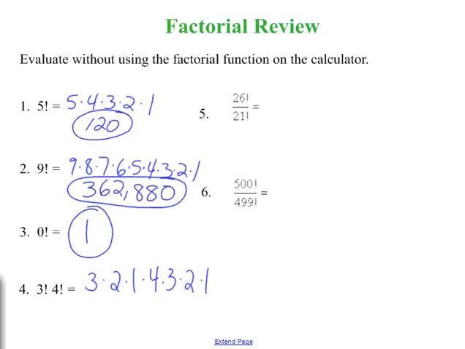But what you could do with your calculator is you simply could enter 3 factorial, 4 factorial into your calculator. So either method, you're going to get the same answer, which ends up being 144.